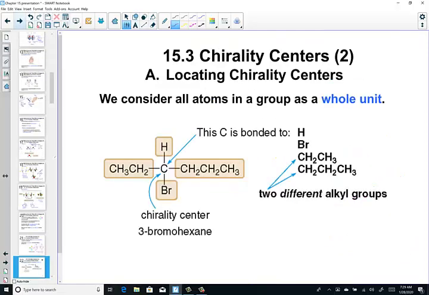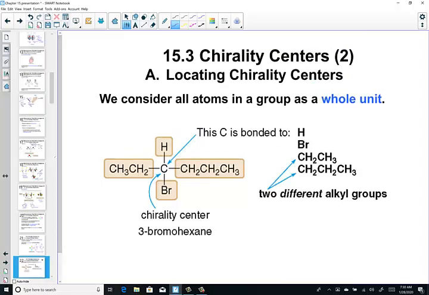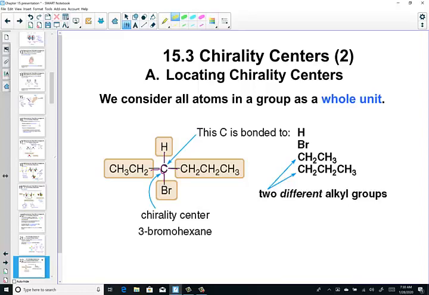But I want to expand that in terms of what makes an attachment unique. So I have to consider all the atoms in a group as a whole unit. So for instance, here's a carbon that's attached to 4 items, 4 groups. When I first consider, let me just highlight, I can clearly see the hydrogen is very different than the bromine.